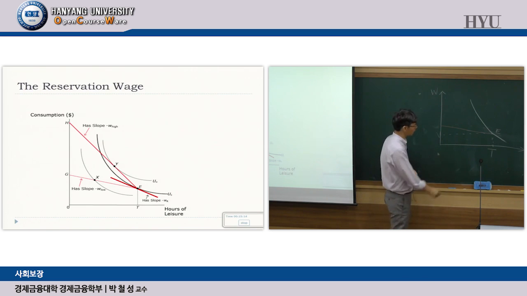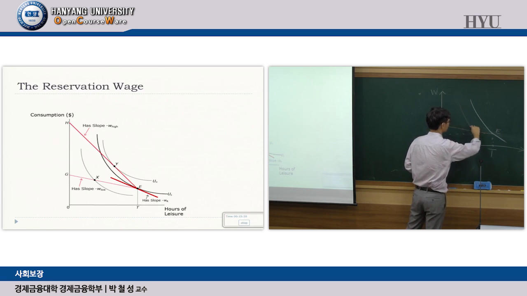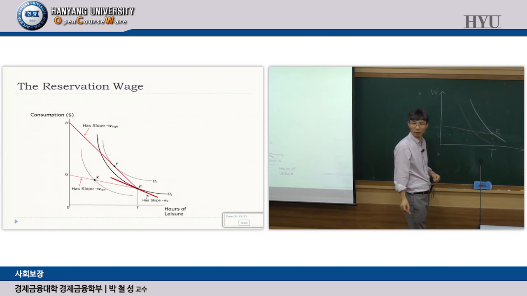Because if you find any point on this budget line, that person's indifference curve is going to look like this, right? So obviously, for any level of work, the person will actually be worse off compared to this one. Worse off meaning that the indifference curve is at a lower location than this current one. Okay? So that person is not going to work.